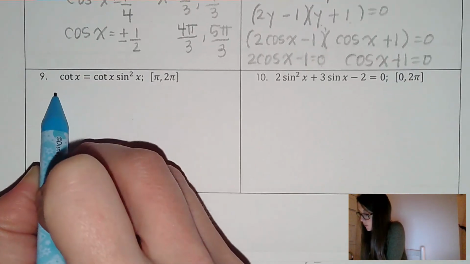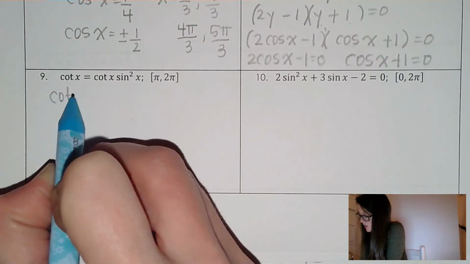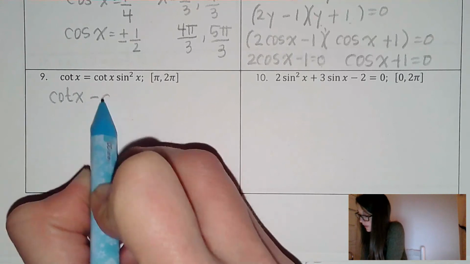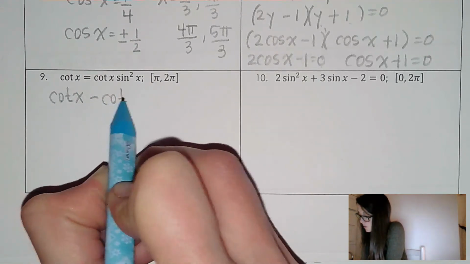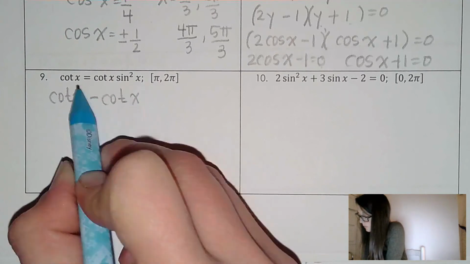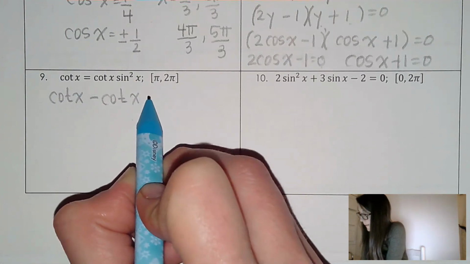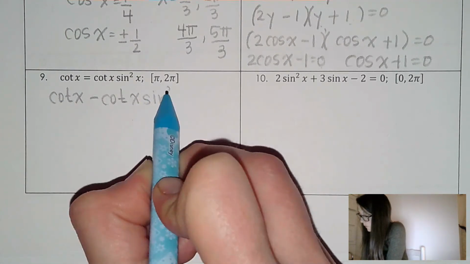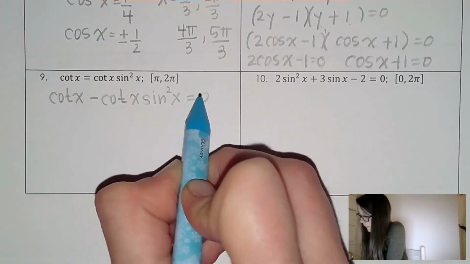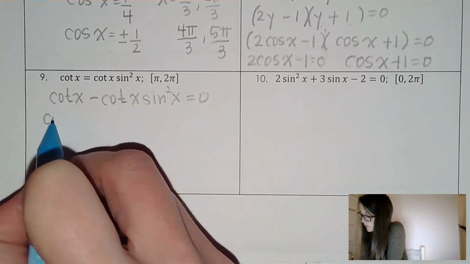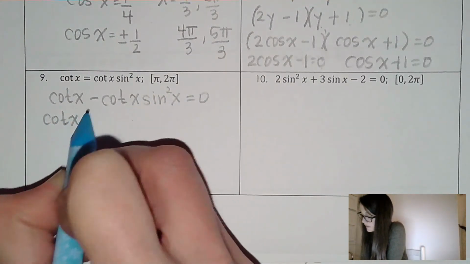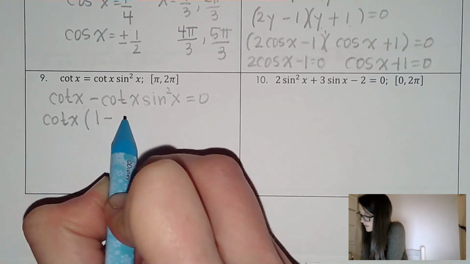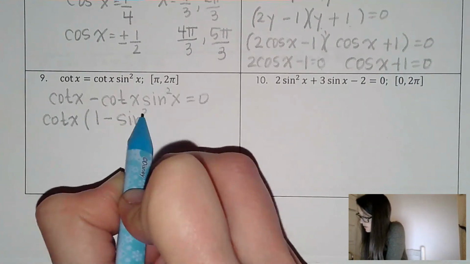So we need to get everything to one side. So we're going to get the cotangent of x. Remember, when you factor, you get everything to one side. So if I move it over there, I subtract it. And that whole thing is together. I can factor out a cotangent of x, and I'll be left with 1 minus sine squared x.